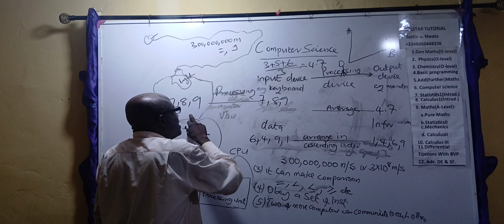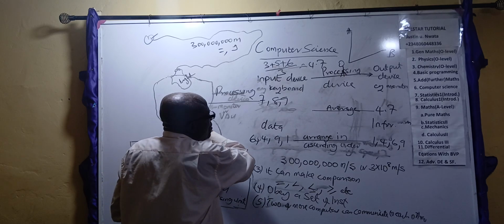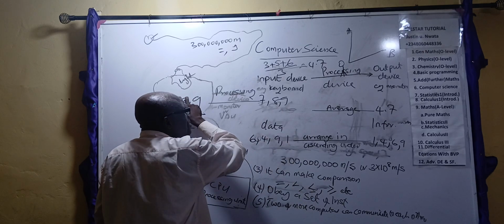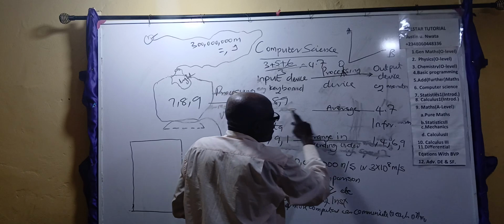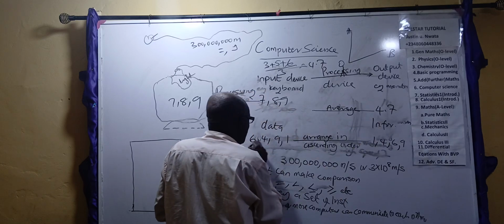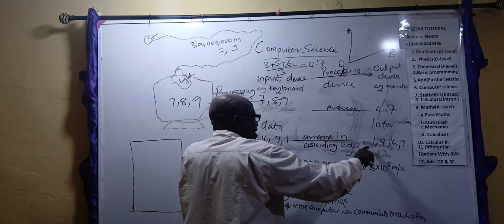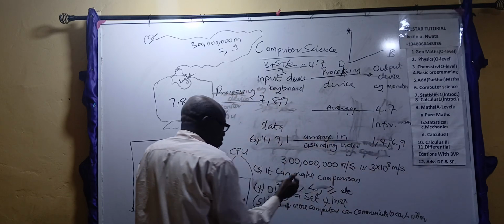But a computer is such that the data side will be different from the output side. What goes in is different in one way or another from what comes out. You can see what goes in here is 6, 4, 9, 1, but when it came out it was rearranged: 1, 4, 6, 9, and so on and so forth.